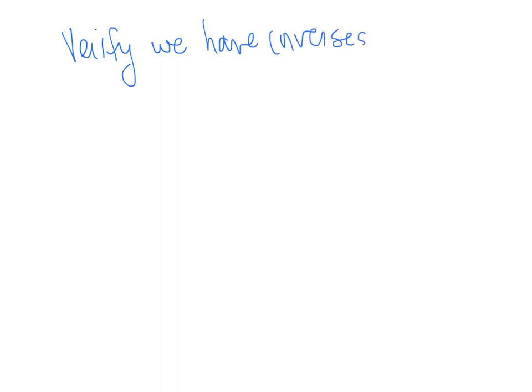And the last thing that we are interested in is verifying we have inverses. So verify we have inverses. And without having to try and graph these every time, one way that we can do it is we have to check that if you look at a function composed with its inverse, you'd get x.